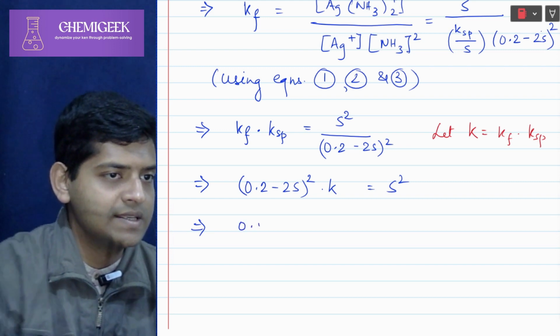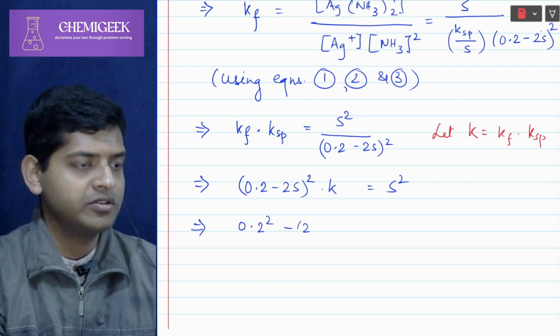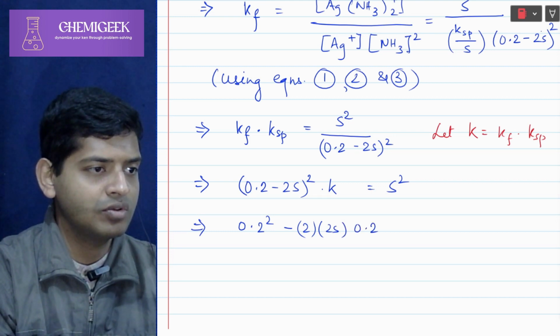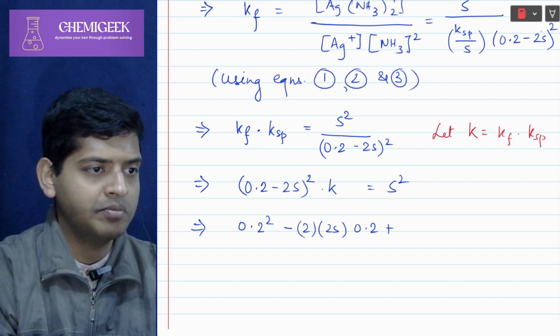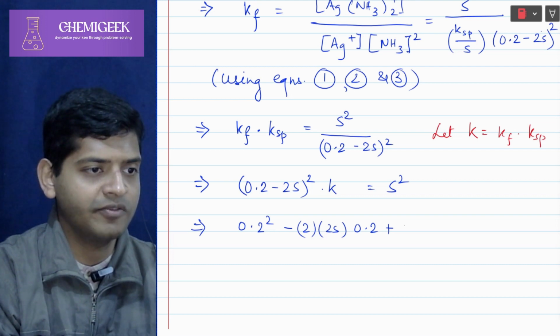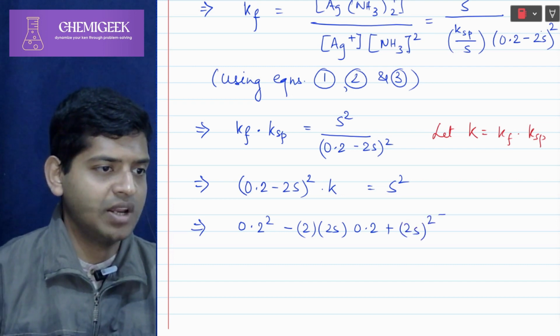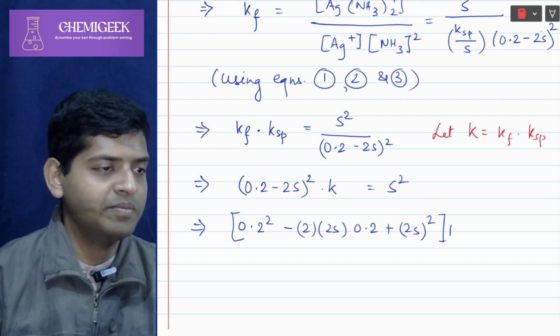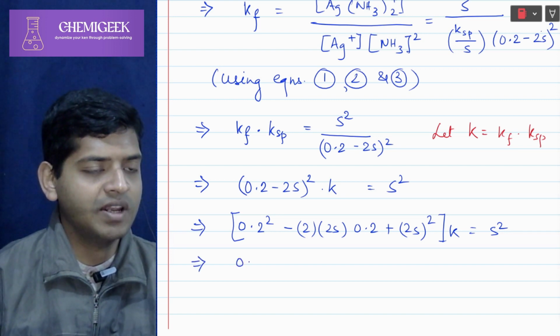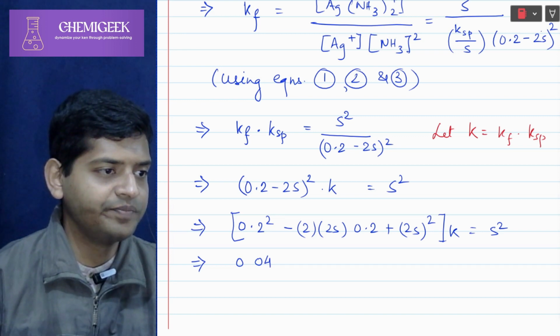This implies (0.2 square minus 2 into 2S into 0.2 plus 2S whole square) multiplied by the formation constant is equal to S square. So we have just used the (A minus B) whole square formula to get this, and we have multiplied that by K, and we are getting this equal to S square.